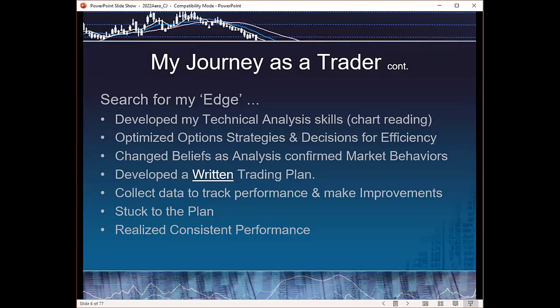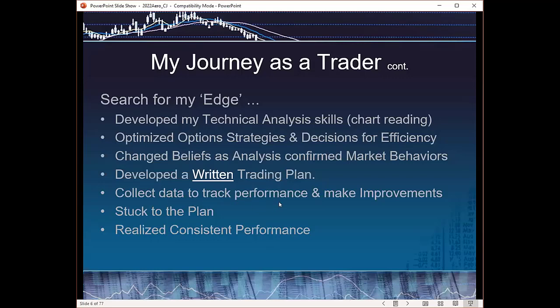Duh, I had procrastinated and not really focused on identifying my strategy and tactics and how I'm going to implement it and measure it, etc. So probably that's the one biggest thing that was missing when I was struggling, is not having a written trading plan.